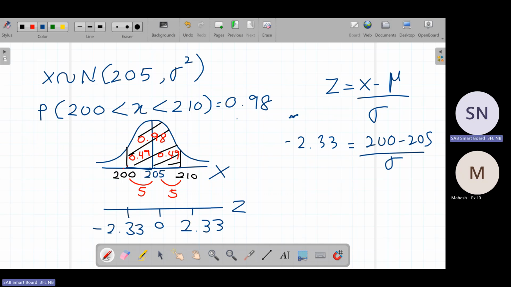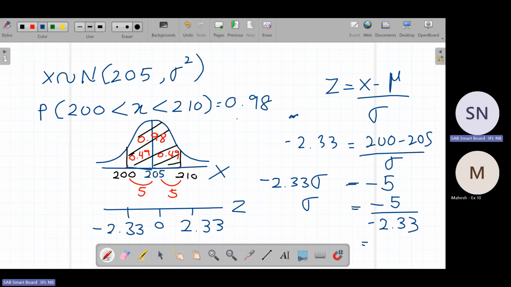If you use plus 2.33, here you need to use 210. Understood? Then you can simplify it. Then here first do the cross multiplication. Minus 2.33 into sigma equals minus 5. Okay? Then sigma equal minus 5 divided by minus 2.33. You cannot get the negative value for the sigma.